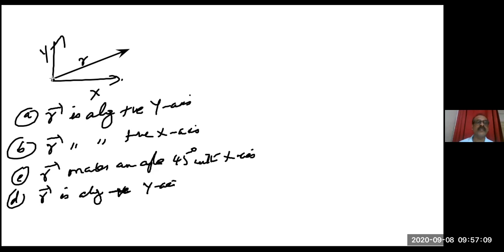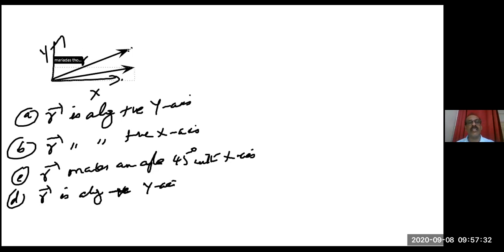Look here. This is the vector R. You can see two dotted lines here, along x-axis and along y-axis. Can you see in the diagram? Now I'm turning this towards x-axis.